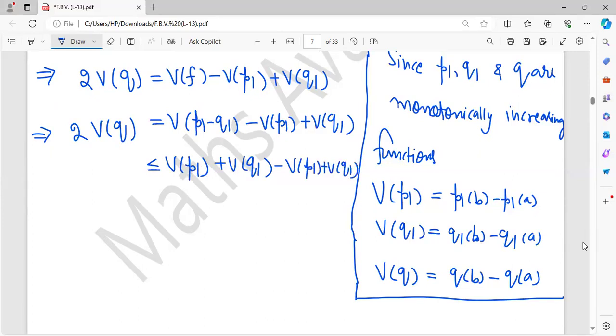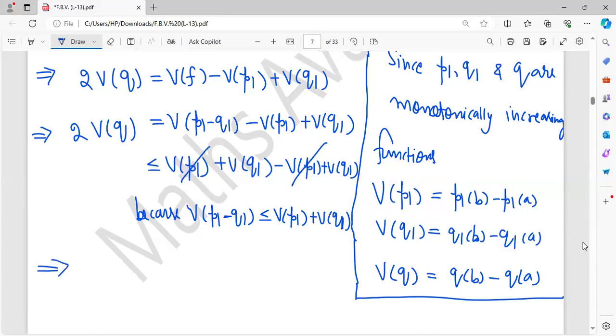Other things will remain, because VP1 minus Q1 is less than VP1 plus VQ1. Okay. This is Q1. So this cancels out.